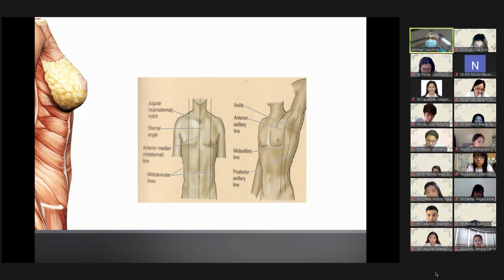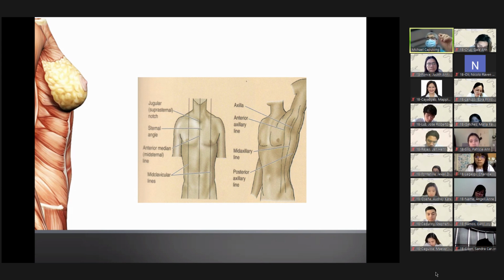But that's just it. So we can make use of the nipple as a landmark for the males because this is fairly constant in your fourth intercostal space, and for young women. But as the female ages, we don't make use of this landmark anymore because this becomes variable.